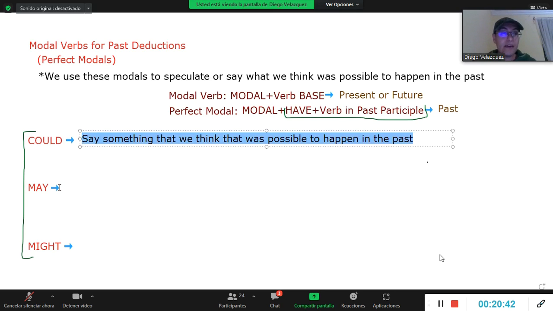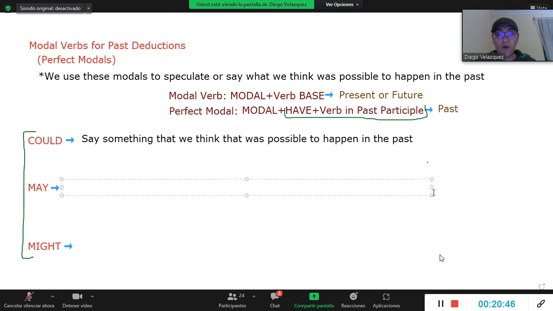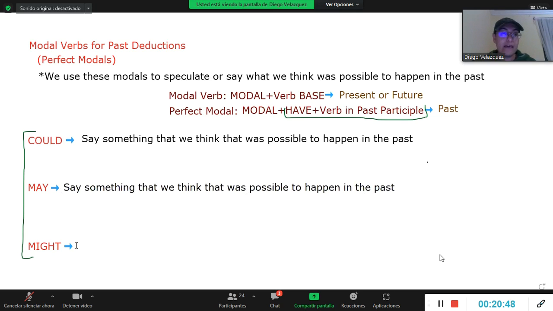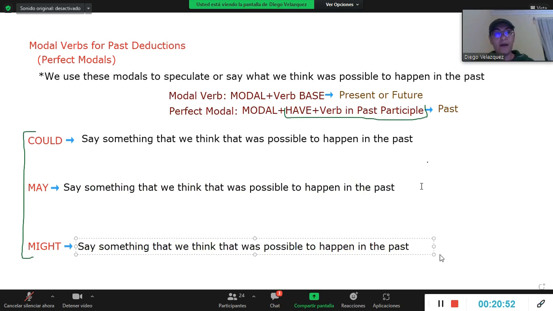The situation is that in the case of this function, we will use exactly the same for all these three modal verbs to say something that we think was possible to happen in the past.